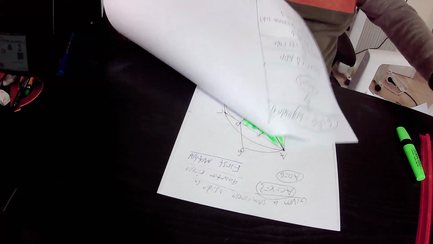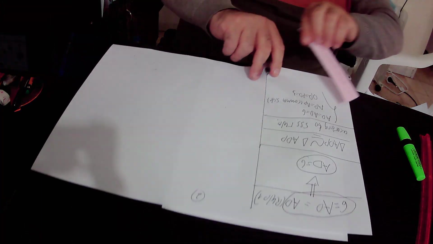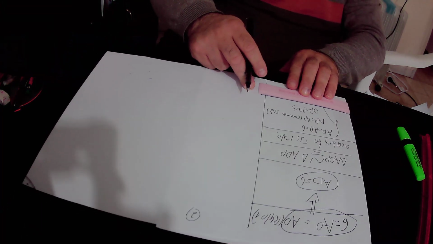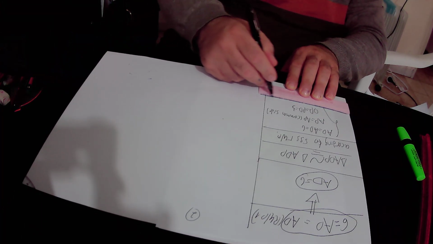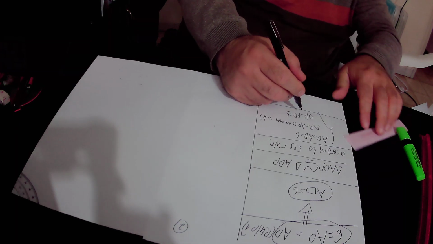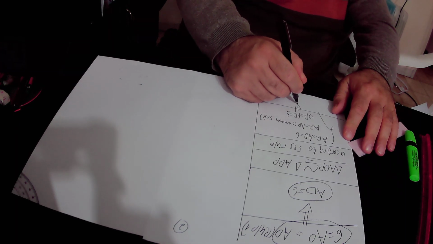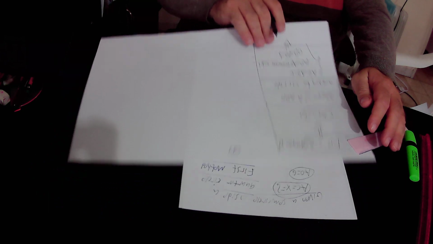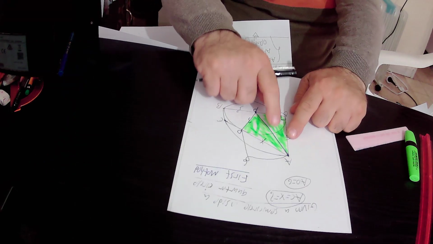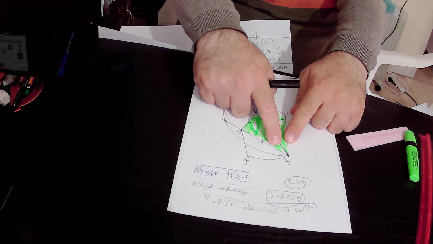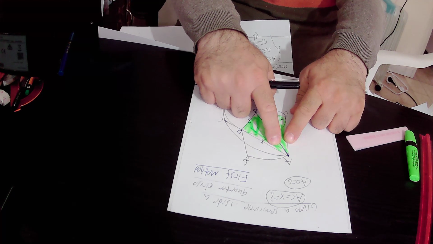And from the fact that those two green triangles are congruent, we conclude that those two angles are equal to each other according to the rule that corresponding angles in congruent triangles are equal.